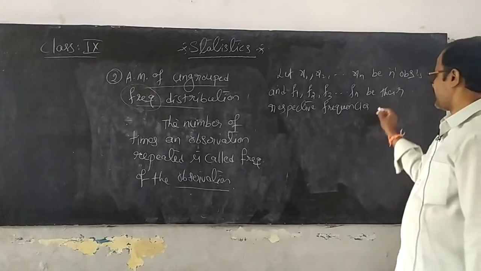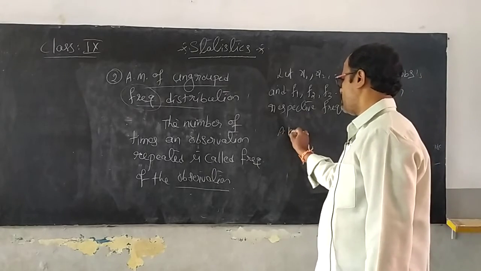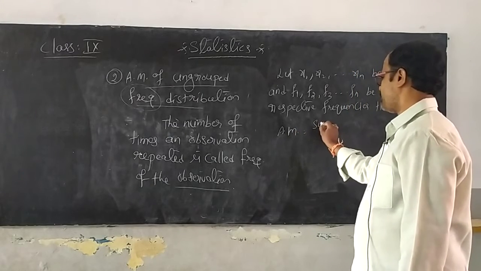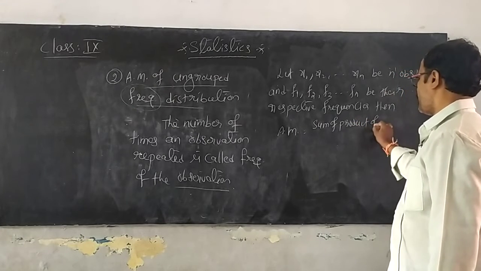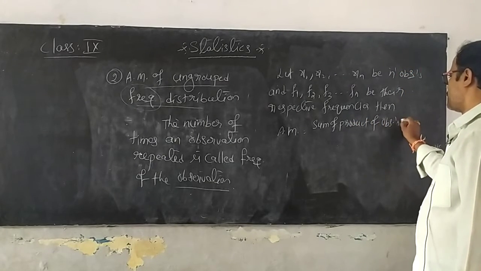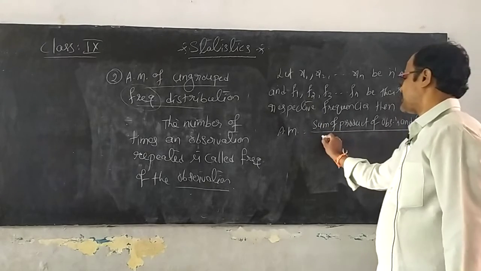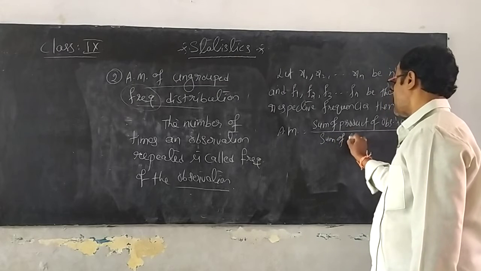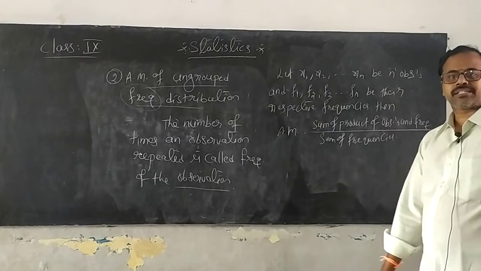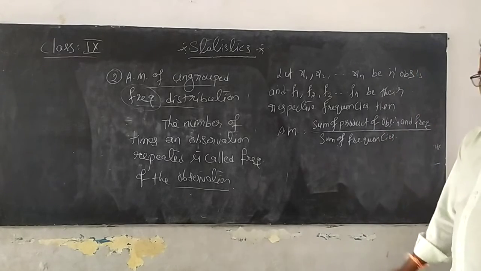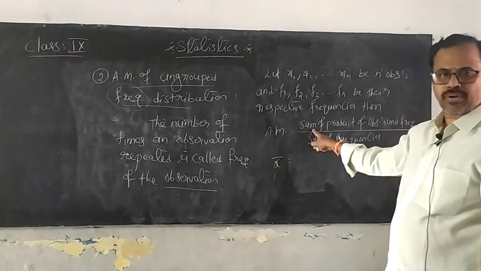Okay, Nana? Then to find the arithmetic mean, we use the formula: sum of product of observations and frequencies by sum of frequencies.